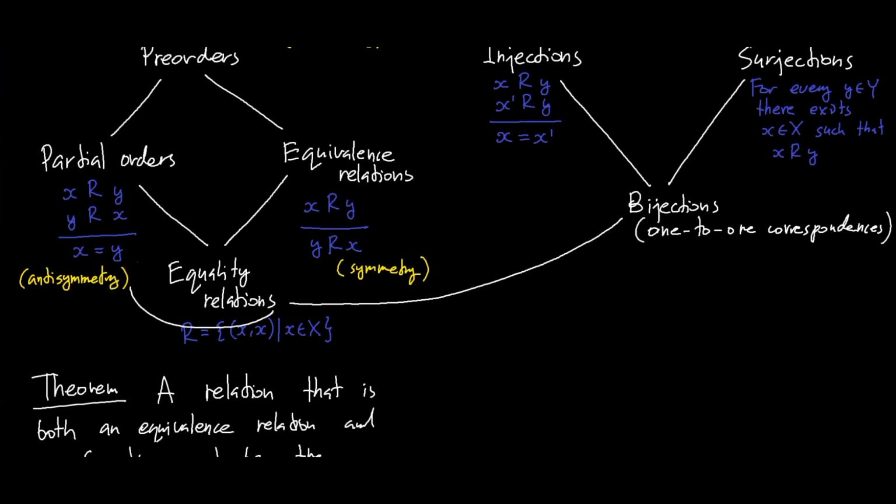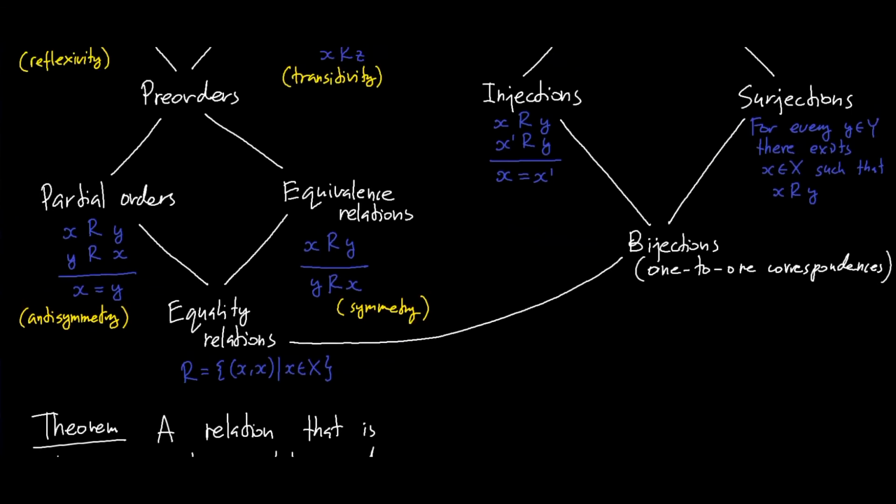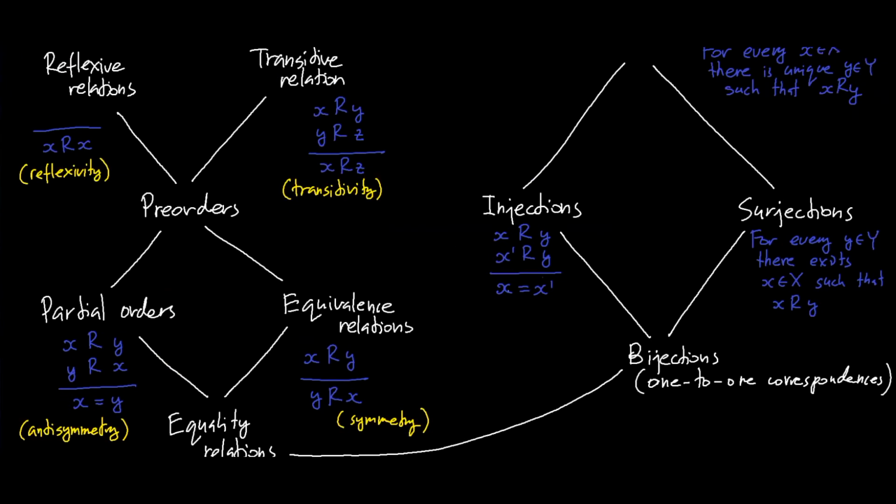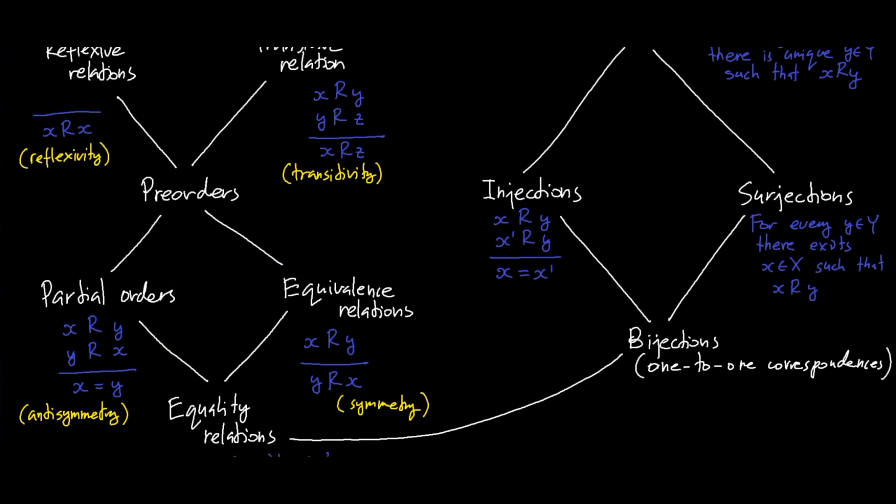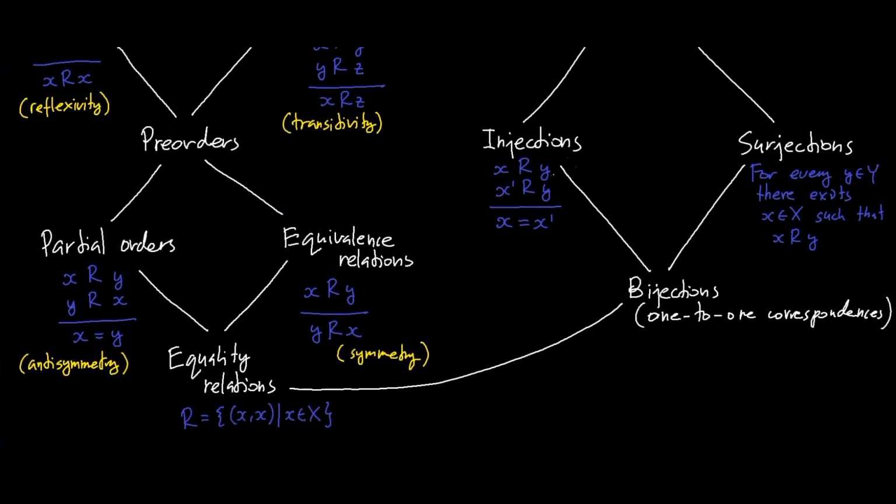One just needs to confirm that the equality relation indeed is a bijection, but that's kind of obvious, to verify that the relation where things are only related to themselves will satisfy all of these conditions we stated here. For example, if things are all related to themselves, then x will be related to x, x prime will be related to x, but that means that they're the same. So the requirement trivially holds.